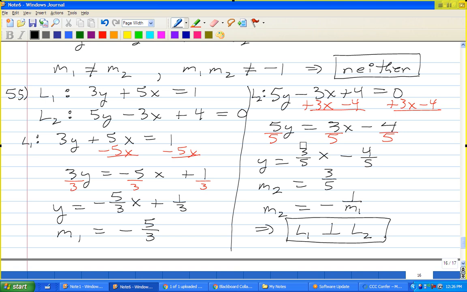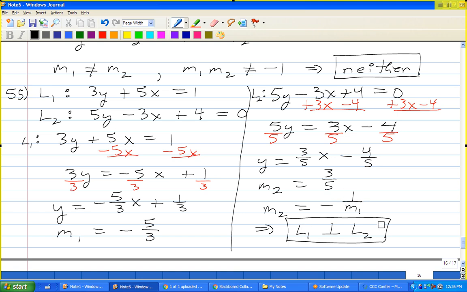So now the number in front of x is 3/5. Notice that -5/3 is the negative reciprocal of 3/5. So I've changed the sign and I've interchanged numerator and denominator. That means that the slope of the second line is the negative reciprocal of the slope of the first line.